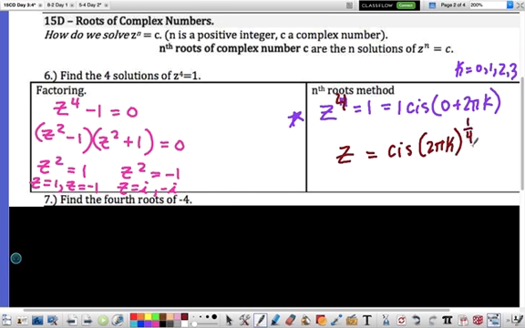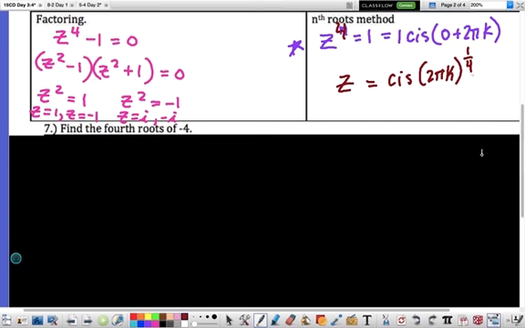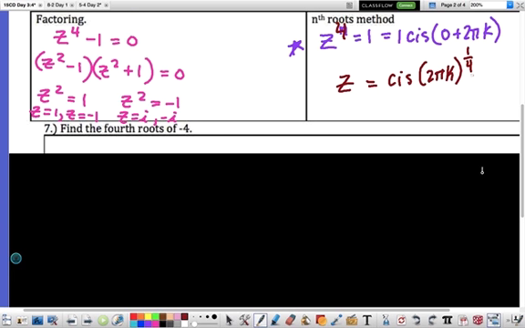Because we took the 4th root. Well, you can use properties that we know. How can I simplify that? Yes. Yep. So put that down there in the argument. Z equals cis of 2 pi k over 4, so that's pi k over 2.